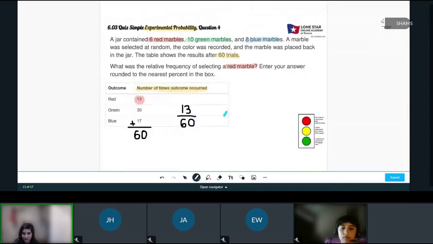But remember, they wanted the answer as a percent. So you can go ahead, change it as a percent. Make it over 100. And this will give you the amount of percent.